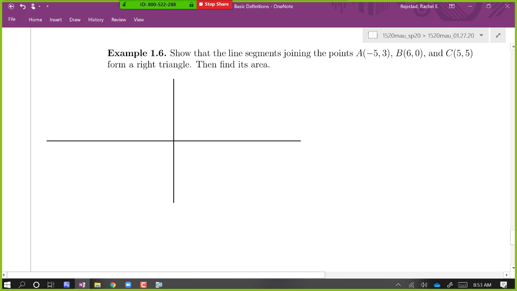So our points are -5, 3, and then 6, 0, and then C is 5, 5.